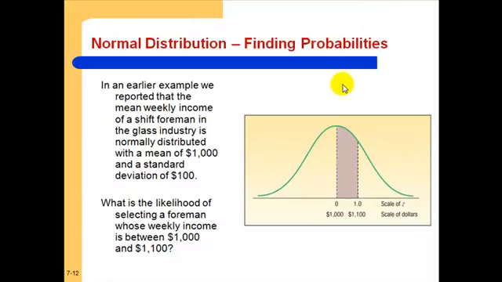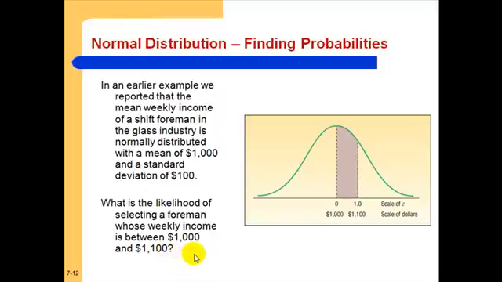Okay, now let's use our normal distributions to find probabilities. In the earlier example, we reported that the weekly income of shift foremen in the glass industry is normally distributed with a mean of 1,000 and a standard deviation of 100. What is the likelihood of selecting a foreman whose weekly income is between 1,000 and 1,100?